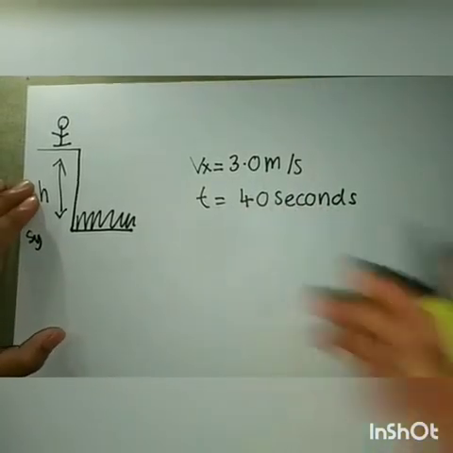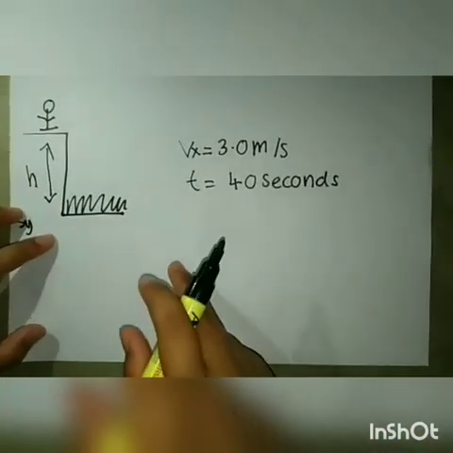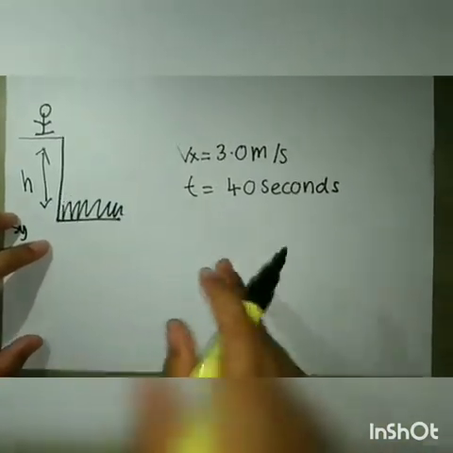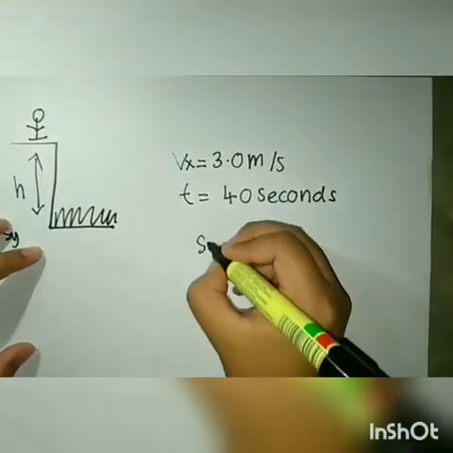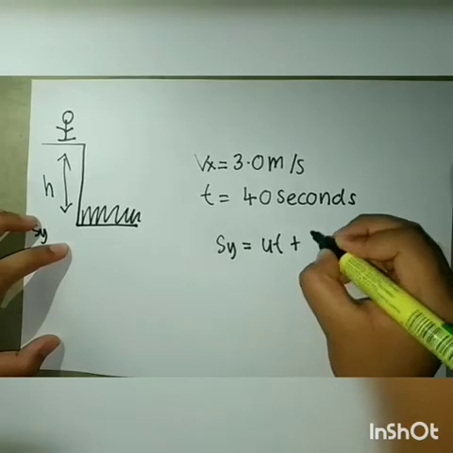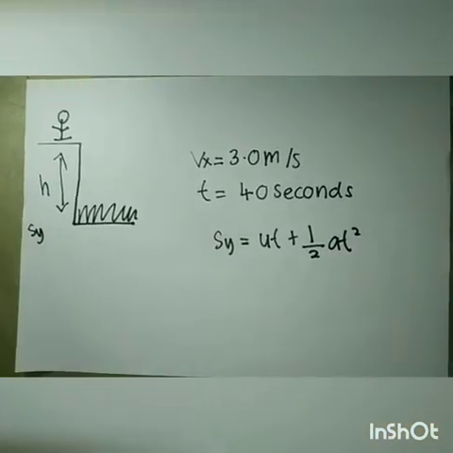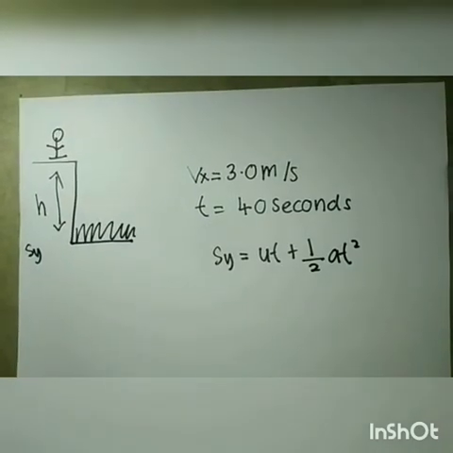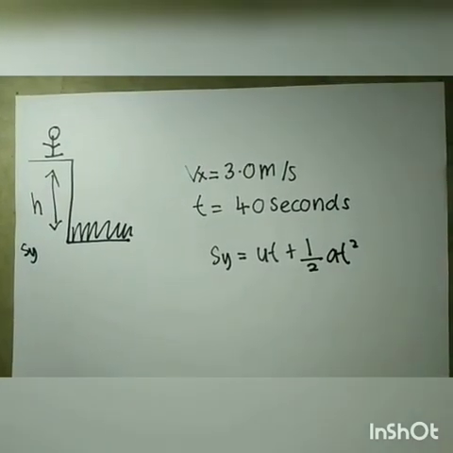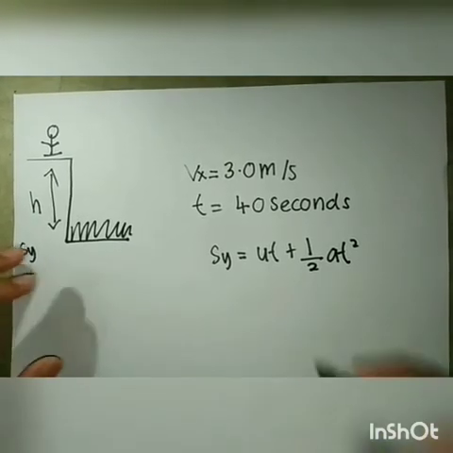We use this formula, which is sy equal to ut plus 1/2 at square. We want to know sy, which is the displacement of y.